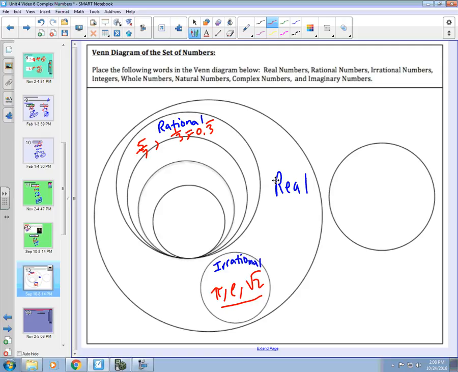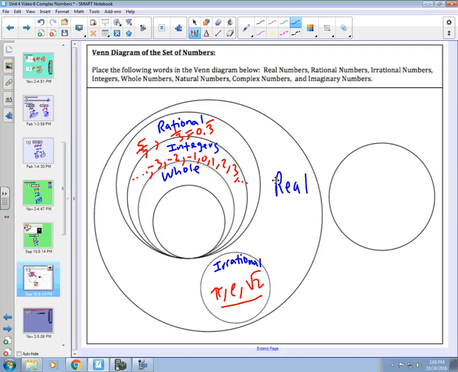Now within rational numbers, we have some more numbers. There's the set of integers. Integers are numbers that are positive or negative whole numbers. So -3, -2, -1, 0, 1, 2, 3. Those are all whole numbers, and we could keep going in either direction here. Those are integers. Within integers, there's some groups called whole numbers.